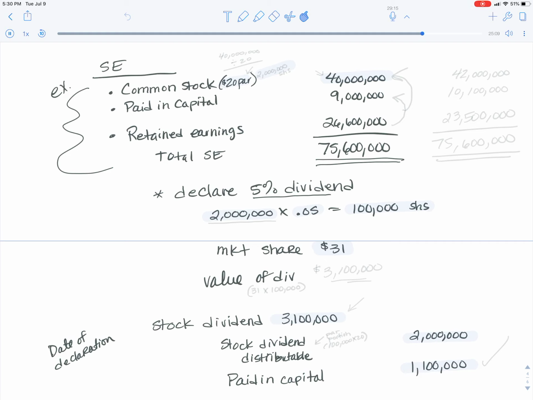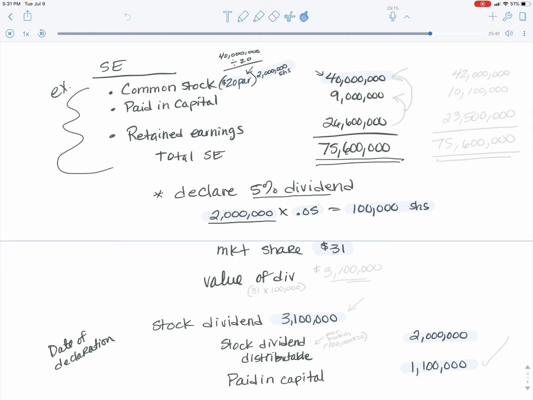So if we had 2 million shares, which you could figure out, because you could say, all right, if there's a balance in this account of 40 million, and we are only putting the par portion in this account, then you would just say 40 million divided by 20, that's 2 million shares outstanding that we have.